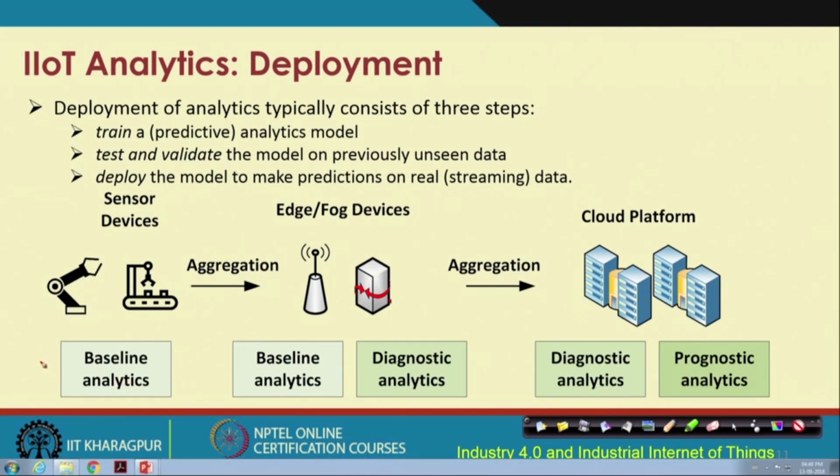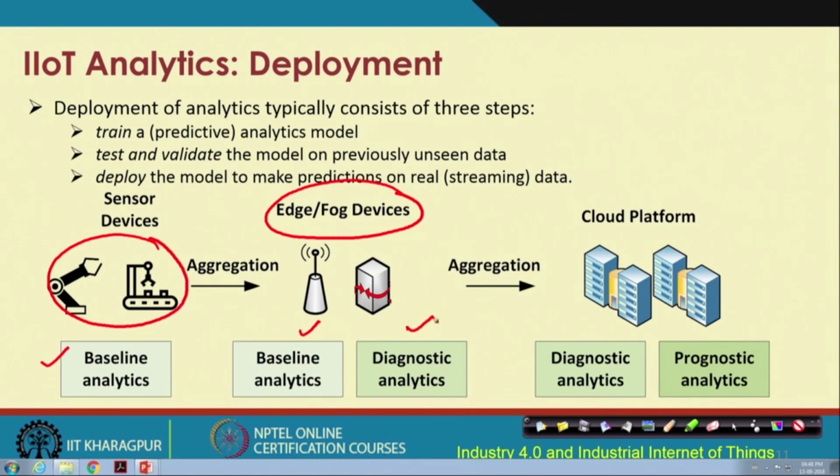You have this baseline analytics from these different machines, these sensor devices. This baseline analytics will be done over there, very fast, data will be aggregated, and then at the gateway devices or edge or fog devices, which are basically network equipment close to this machinery, some baseline analytics in combination with diagnostic analytics will be performed.